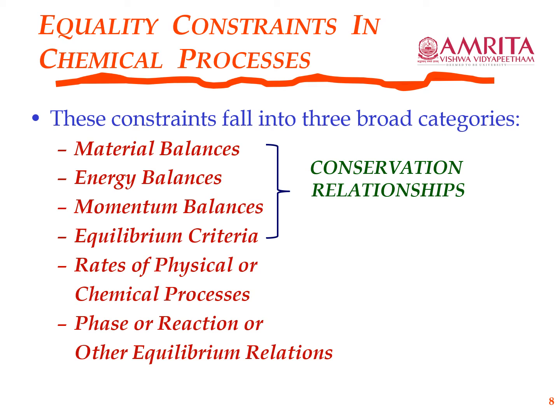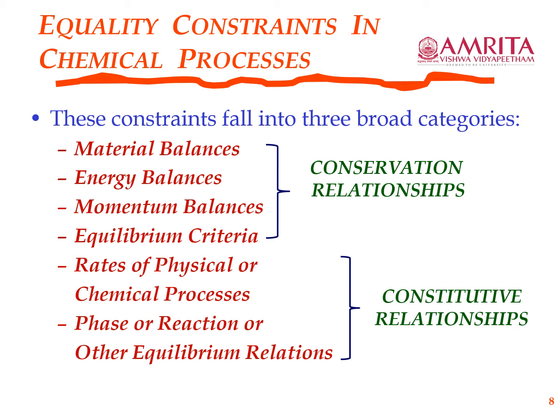And then you also have various other equilibrium relationships that pertain to phase equilibria or reaction equilibria or surface interfacial equilibria that could be coming up. These together form the constitutive relationships. In these equilibrium relationships, you have, for example, the equations of state that you've studied in thermodynamics, the various activity coefficient models that you've studied in thermodynamics. On the one hand, the equilibrium relation tells you that for phase equilibrium to exist, chemical potentials of each species that is in equilibrium across phases must be equal across the phases at the interface wherever the equilibrium exists, right?